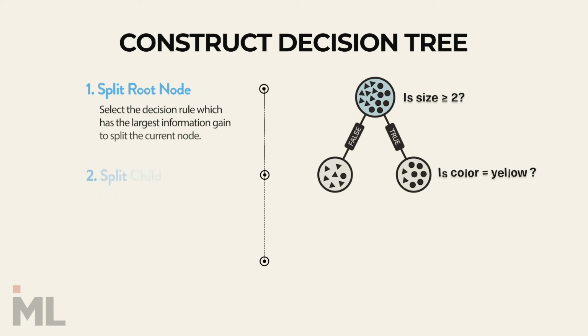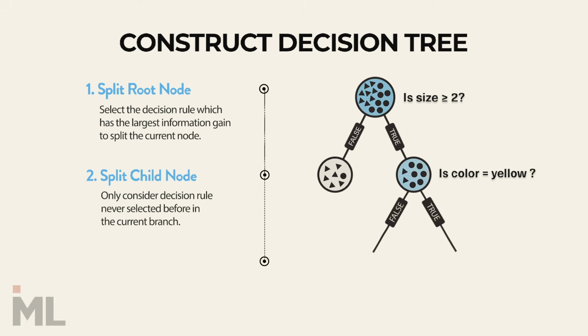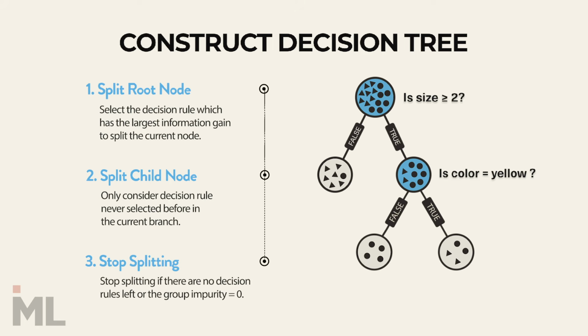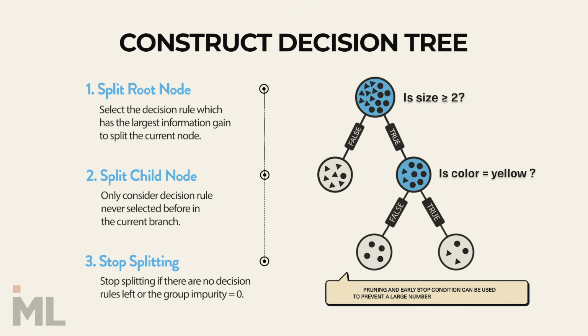Then we can split the child node recursively, only considering decision rules never selected before in the current branch. We stop splitting if there are no decision rules left or the group impurity is 0. Sometimes pruning and early stop conditions are used to prevent a large number of splits and overfitting.